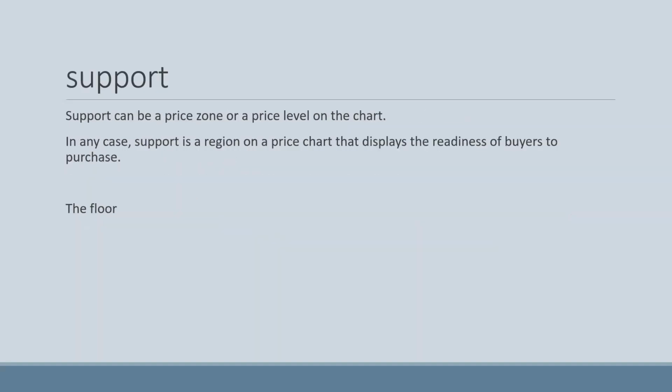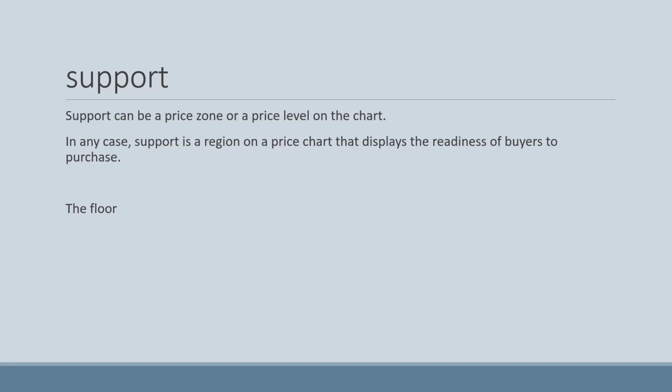Now, this applies to support. Support is that area on the price chart where it feels like the buyers are having the market. They are ready to buy. There's demand.